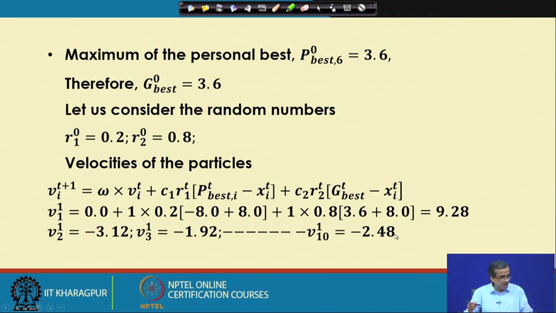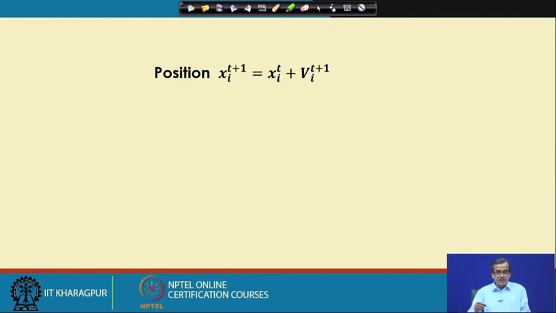And once you have got all the velocities for the 10 particles in the swarm, now I can find out the position. So, position x_i corresponding to t+1 is nothing but x_i^t plus V_i^(t+1), and I can find out x_1^1 is nothing but x_1^0 plus V_1^1. V_1^1 I have already calculated.